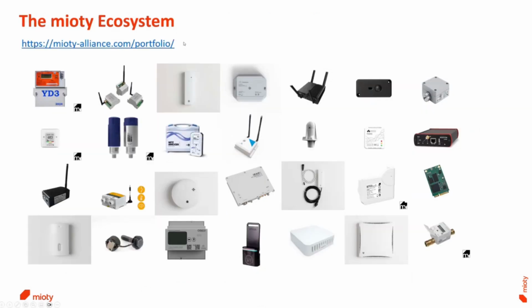So if you say, hey, I want to go the next step and see what kind of sensors you have and where to find them, one option is the Mioty Alliance homepage. You can filter between gateways and devices, and we really try to get all devices there.